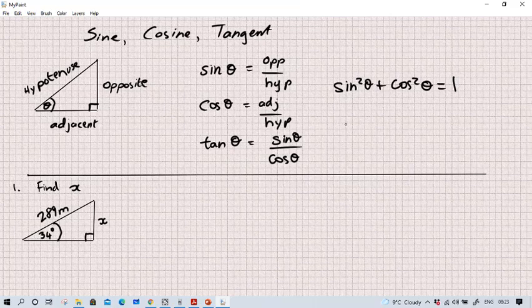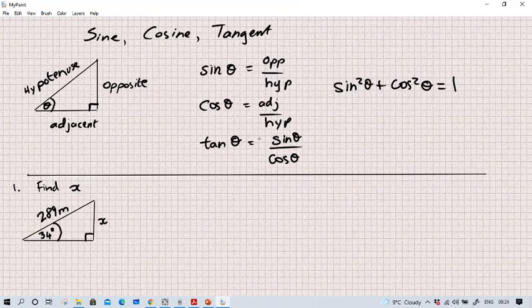So sine, cosine and tan really give us information about the relationship between lengths and angles in a right angle triangle. So if we have a right angle triangle, let's look at example 1, where we can see the hypotenuse length is 289 meters. We have an angle of 34 degrees, and we're trying to find x.